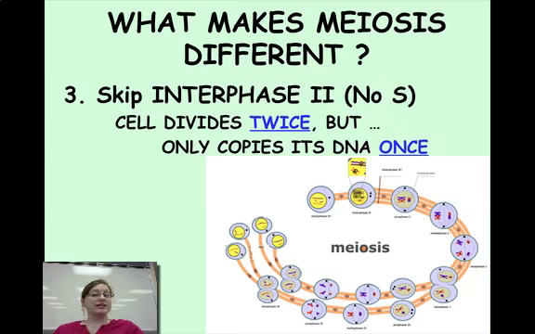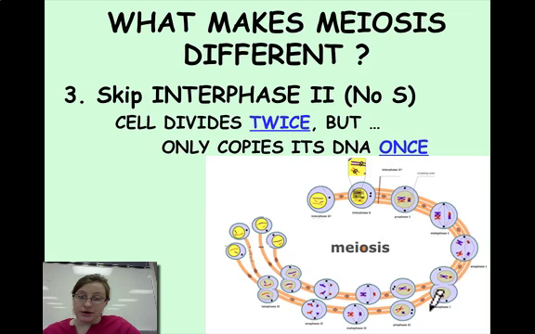The last thing that makes meiosis significantly different is the fact that we skip interphase when we go through the cell cycle. If we look at this diagram down here, we have interphase, prophase, metaphase 1, anaphase 1, telophase 1.